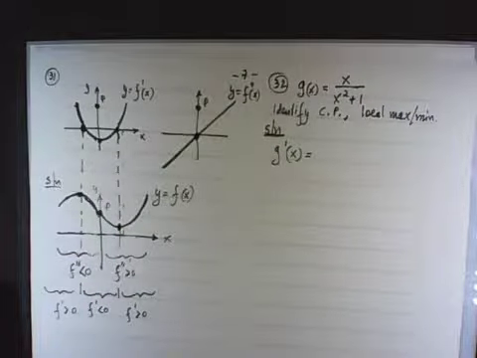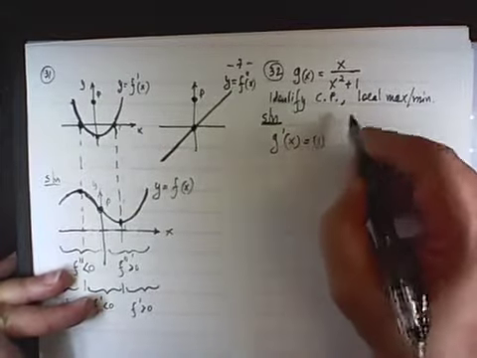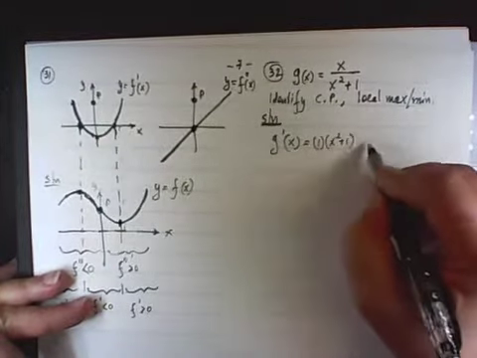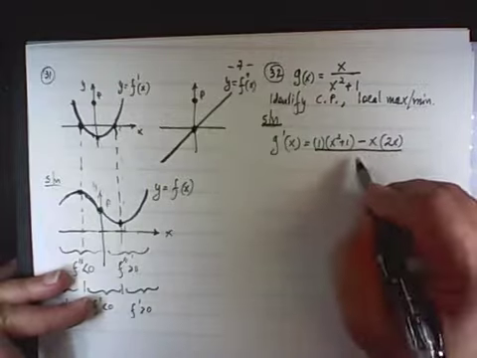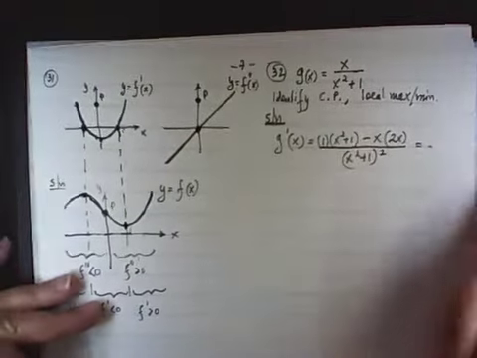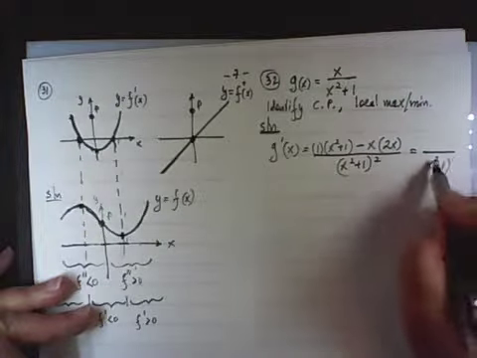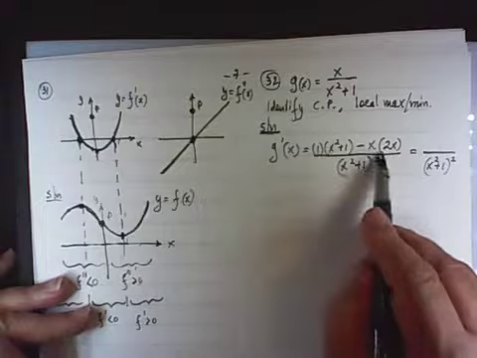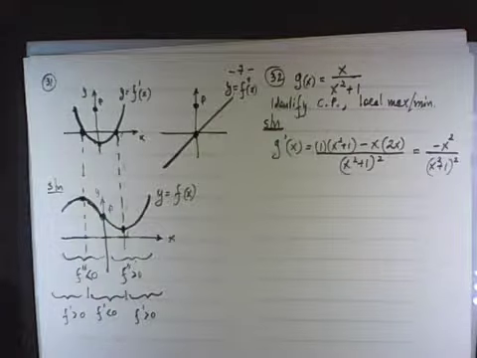Let's use the quotient rule. We first want to find critical numbers. Okay, so this is the result.